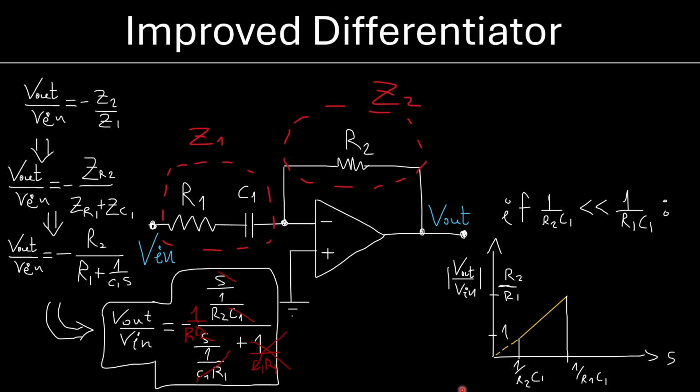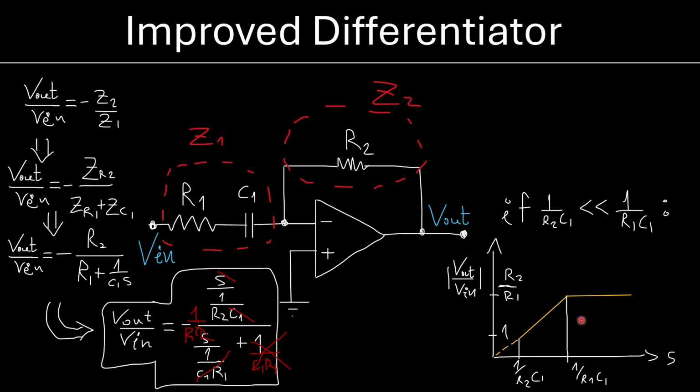And in the end, we have R2 over R1 with a minus sign here, which tells me that the output over the input is constant with respect to the change in frequency. From a point onwards, not always, this is an area where we have some intermediate situation. But at the end of the day, it's going to look like this.